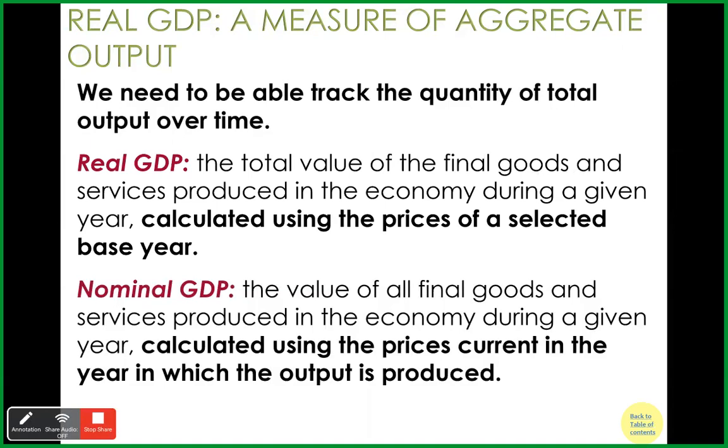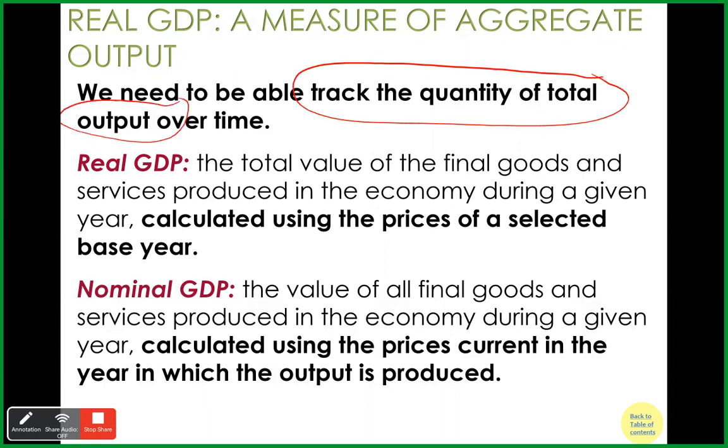The reason we want to do that is because we may want to track the quantity of output. So if we look at nominal GDP, which is what we have done so far, it doesn't tell you how many goods and services you produce. It only tells you the market value.